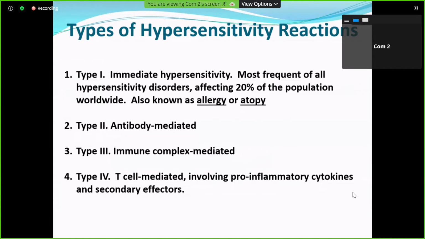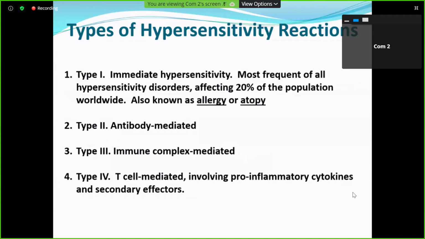Type 4 sits on its own because it doesn't involve antibodies, but predominantly cell-mediated immune responses, T helper cells and cytotoxic T cells. And again, this is predominantly a Th1, Th17 inflammatory type response.